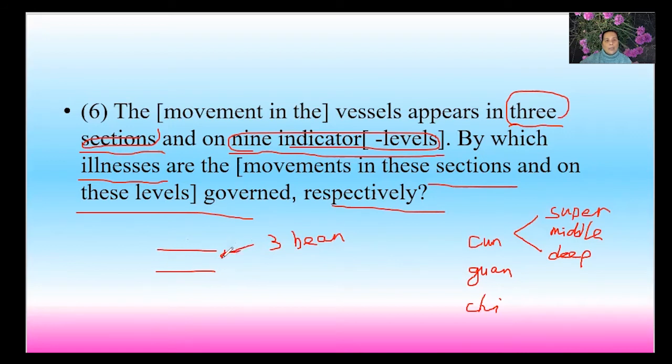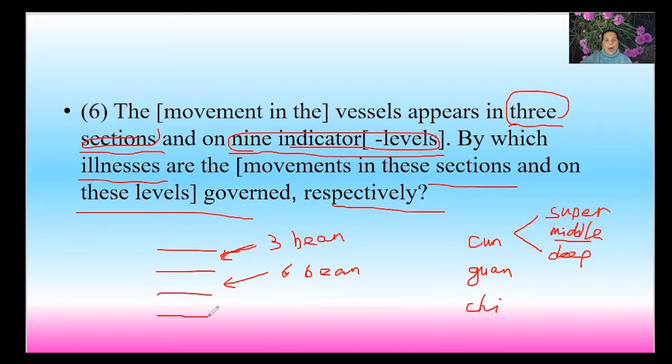Then you push in a little bit harder, like you put 6 beans in there, that kind of weight. Then you feel the pulse stronger there. That's the middle level.